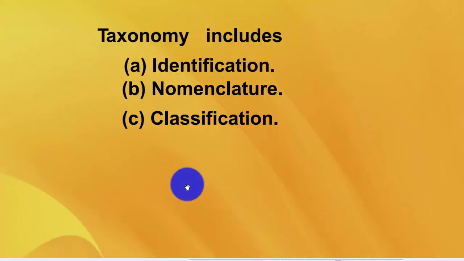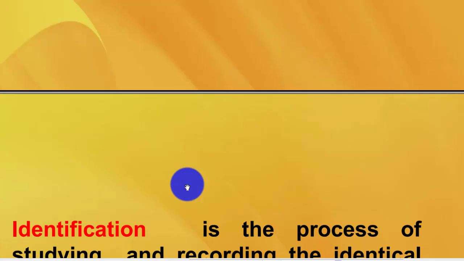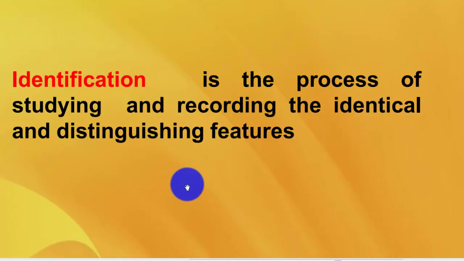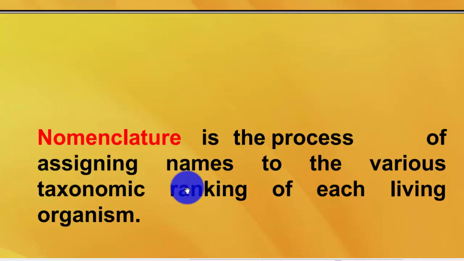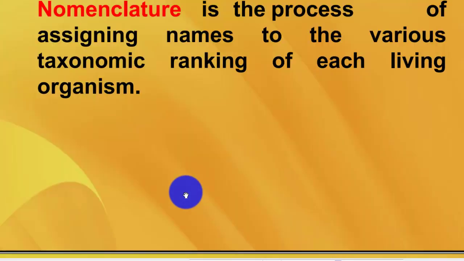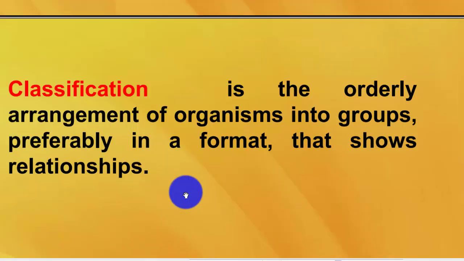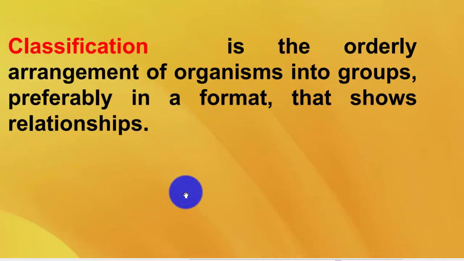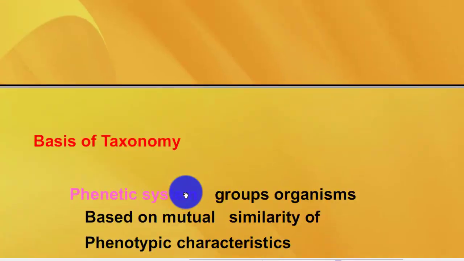Taxonomy includes identification, nomenclature, and classification. Identification is the process of studying and recording the identical and distinguishing features. Nomenclature is the process of assigning names to the various taxonomic ranks of each living organism. Classification is the orderly arrangement of organisms into groups, preferably in a format that shows the relationship.